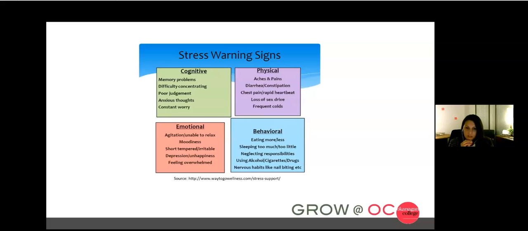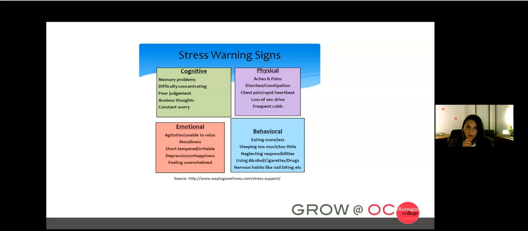As you all identified, those physical complaints, as well as emotionally. That idea of irritability, or I know when I'm feeling really overwhelmed and stressed, I might lash out, but I also might just break down and cry over something that seems insignificant at the time, right? And I'm just feeling so overwhelmed. And then the last one we have is behavioral, or our actions.